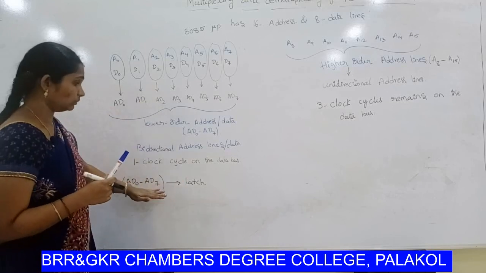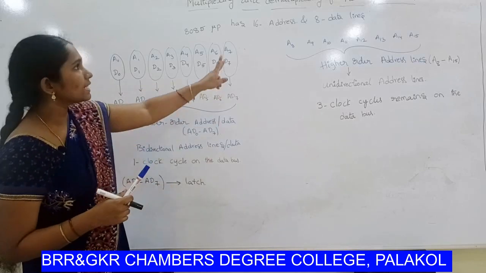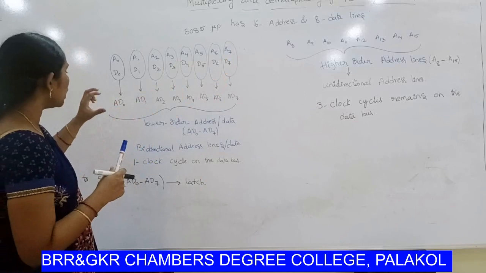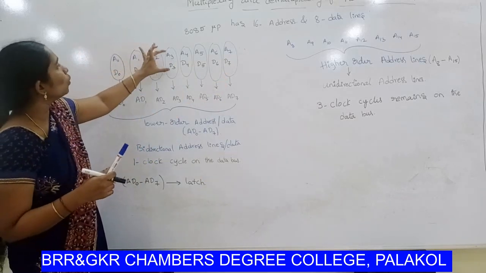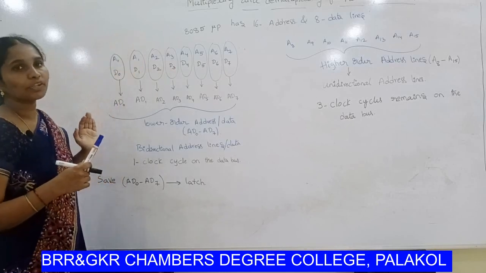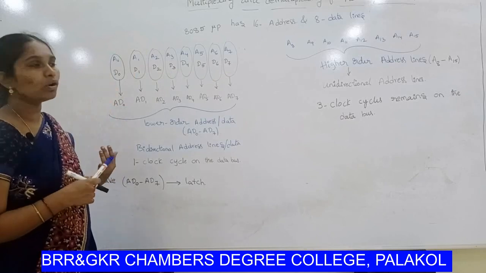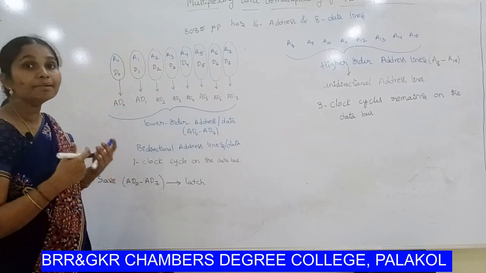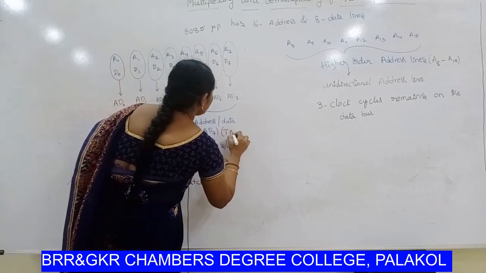So this is about the multiplexing of address and data lines. Here we are multiplexing, that means we are combining these two signals. Also, in the multiplexing process, the 8085 microprocessor follows time shared multiplexing.